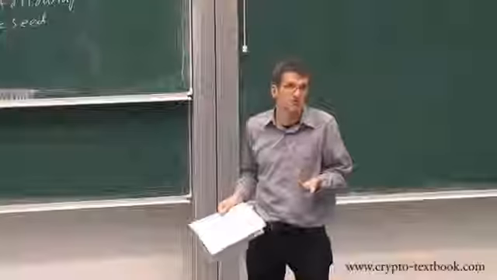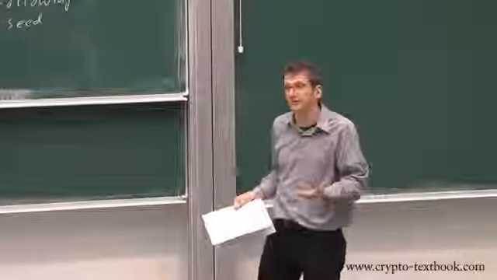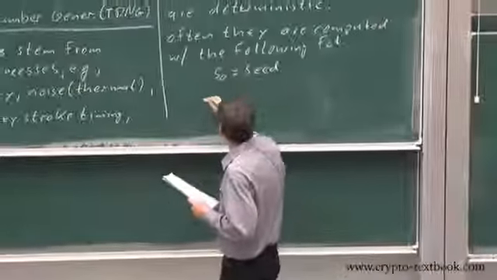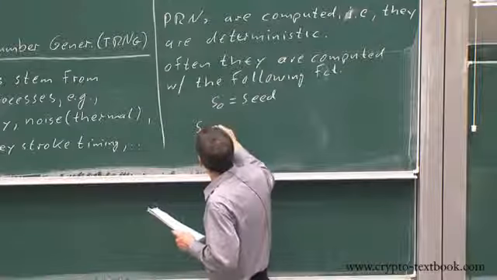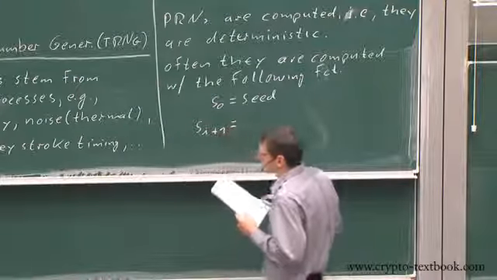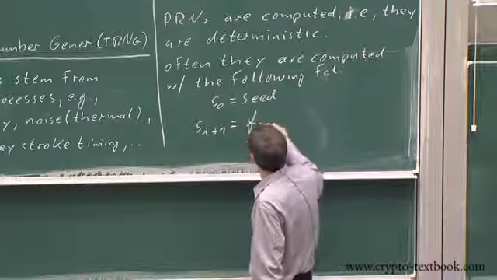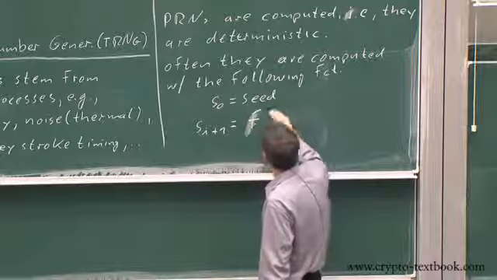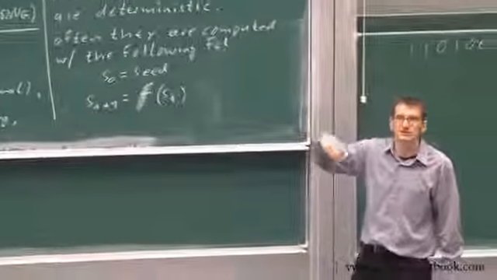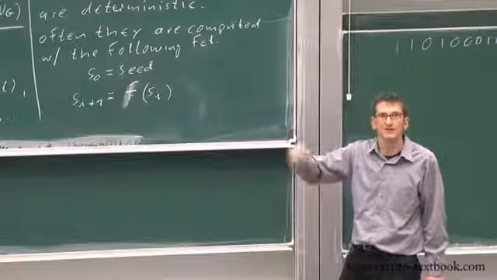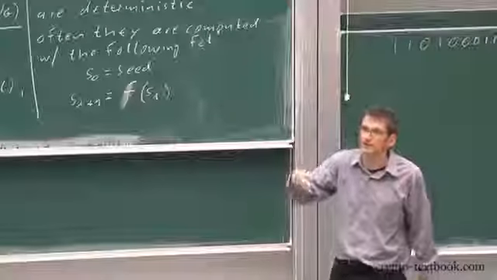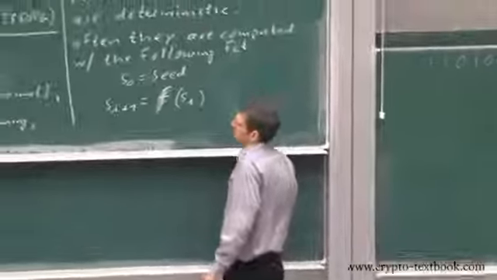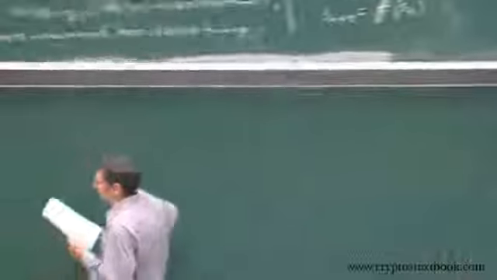Sometimes that is a truly random number, sometimes it's fixed. And from now on, each subsequent S_{i+1} is a function f of the previous one, okay? Recursively being computed. So this is a very important thing. And towards the end of the lecture, we will see how this is being done. Or maybe we give you an example. Okay, I'll give you an example now.